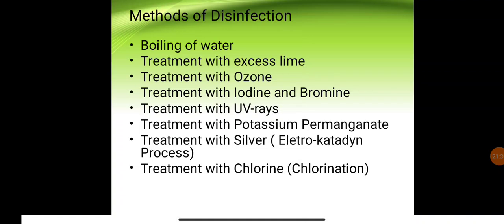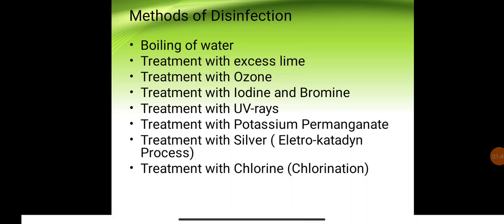Based on pH, if the pH is 5.5, it is acidic water and 100% hypochlorous acid is produced. If the pH is greater than 9.5, 100% OCl minus ions are produced.